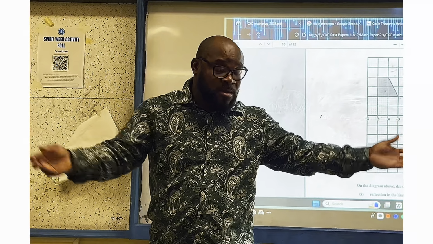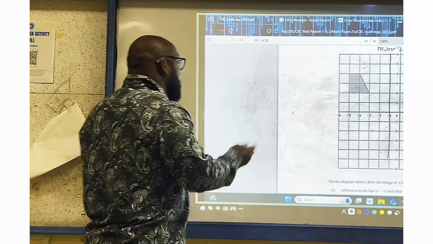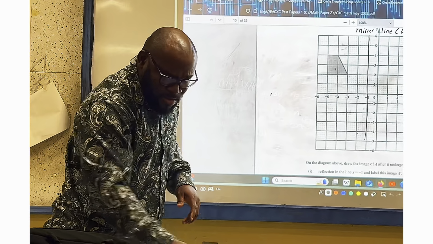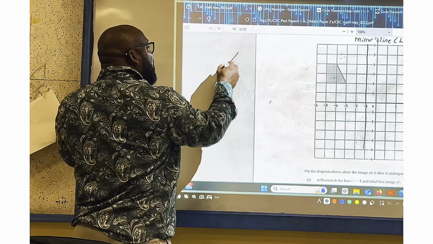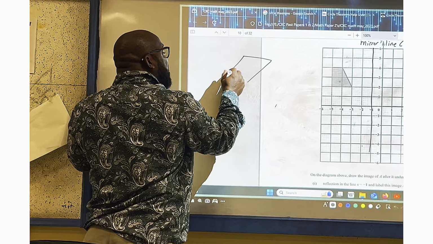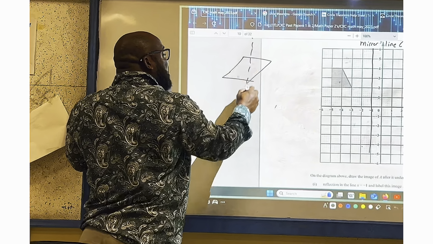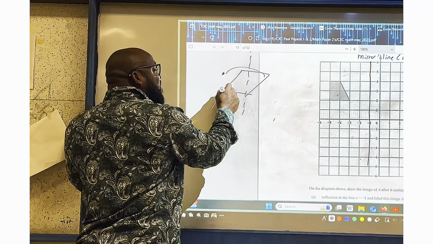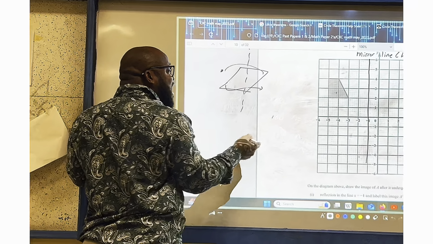You understand? This is not symmetry. Something like this is not a line of symmetry. If I fold this over here, it's going to land where nothing is.